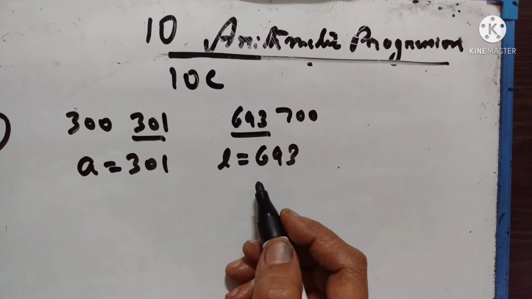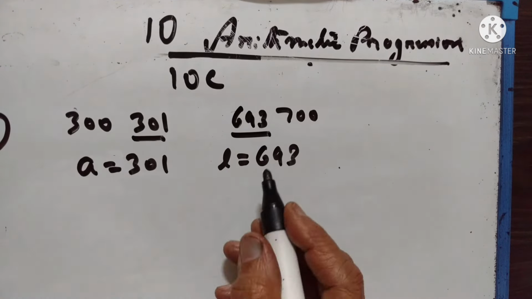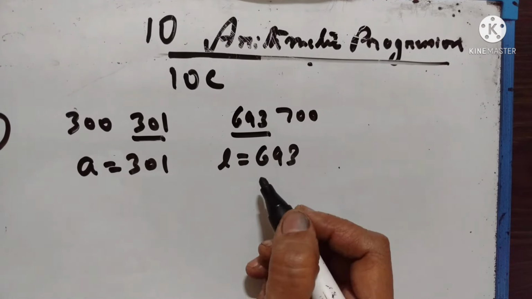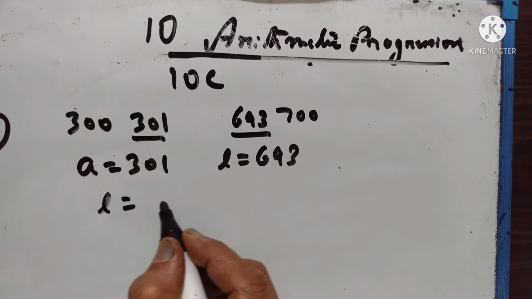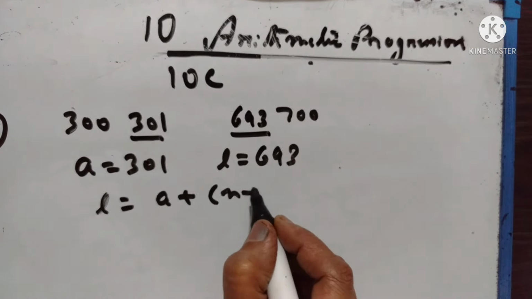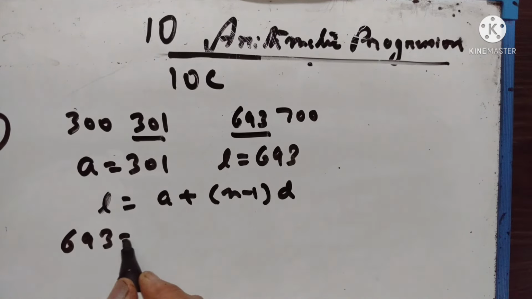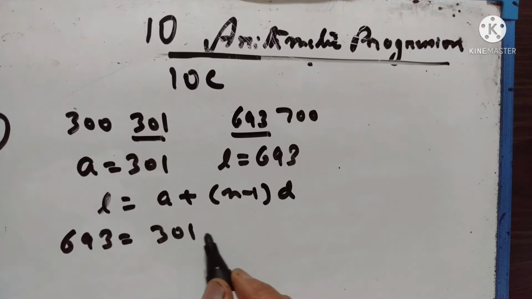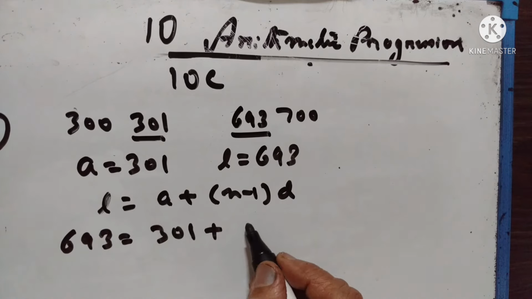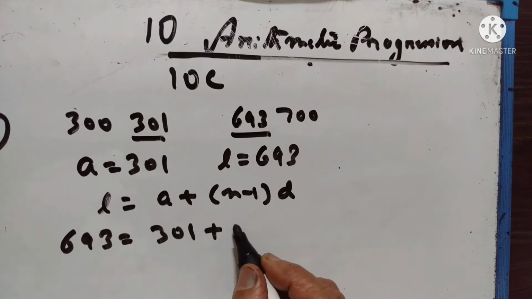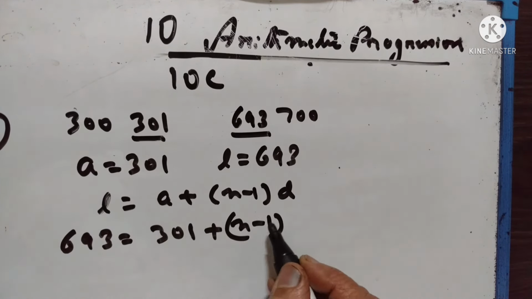You have to find the sum of all these numbers. Let us find the number of terms. L is equal to A plus n minus 1 D. 693 is equal to A, which is 301, plus n minus 1 into the difference.